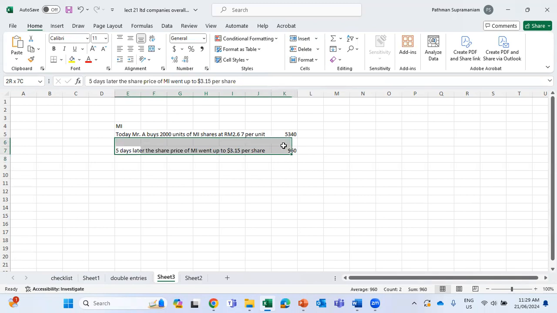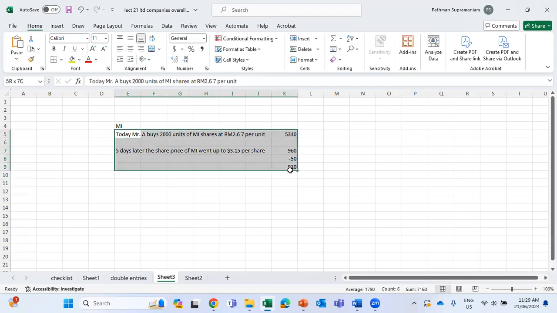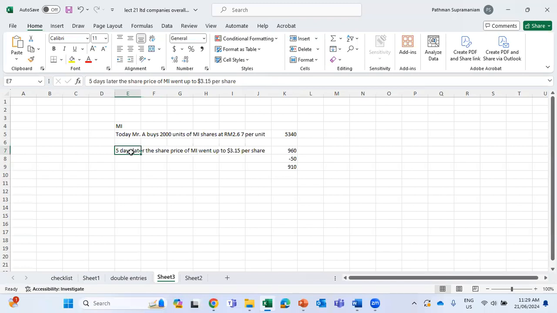So the bank will deduct their commission, maybe like 50 ringgit or so. So you see, in this example that I'm giving you, Mr. A became an owner of MI for 5 days. He became owner because he bought shares, right?